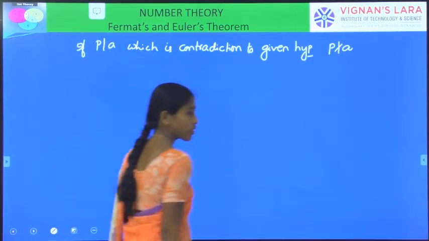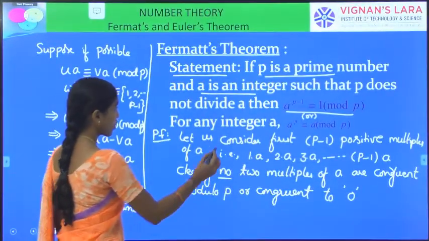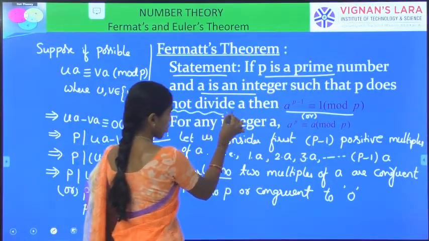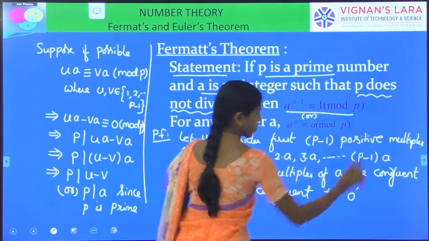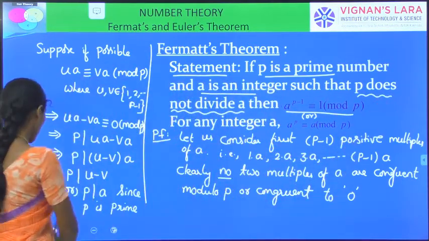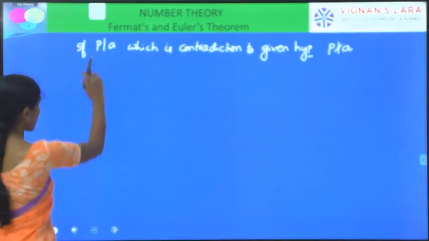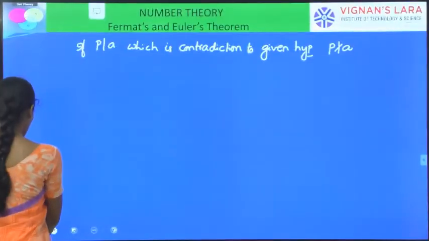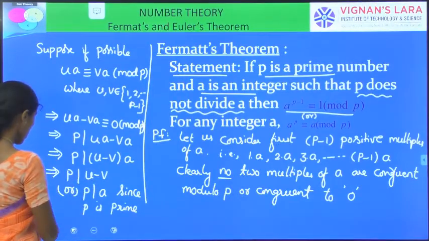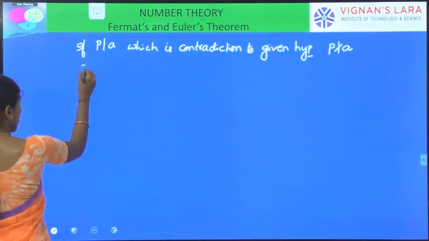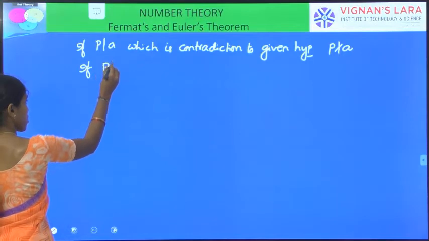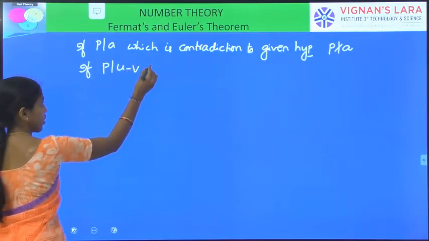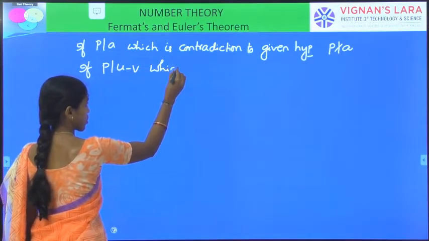P does not divide A. See here, clearly given that P does not divide A. If P divides A, it is a contradiction to the given hypothesis. What is the second alternative? P divides U minus V. If P divides U minus V, which is also a contradiction.